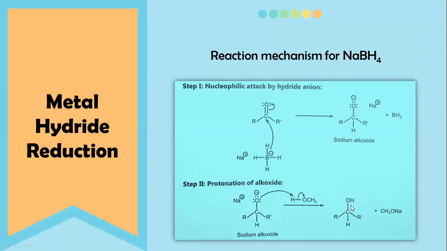So this carbonyl compound completely undergoes reduction and converts into alcohol by using sodium borohydride as a metal hydride reducing agent. This is how sodium borohydride reduces a carbonyl compound into alcohol.